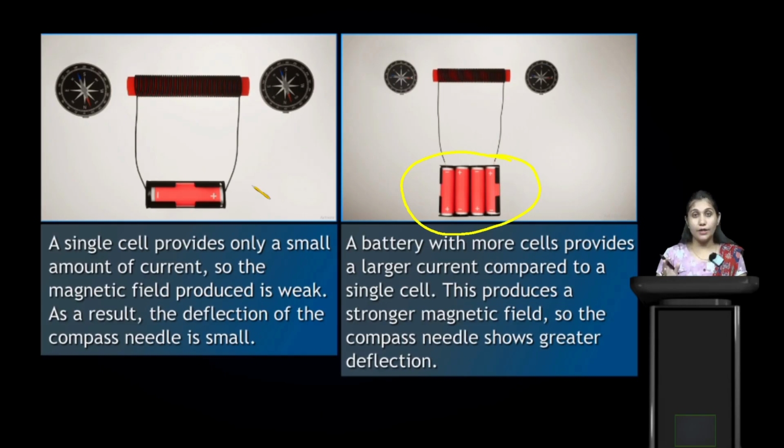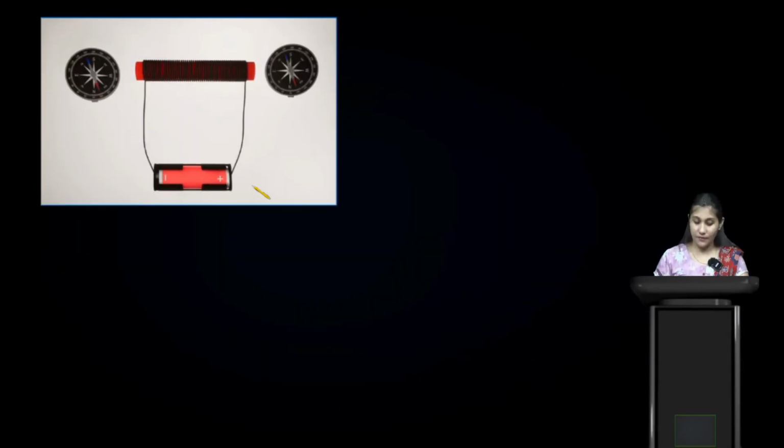And if we use a battery consisting of more cells, a large amount of electricity flows through the wire, because we are giving more electric cells. So the magnetic field which generates around the wire is stronger. If the magnetic field is stronger, the deflection is also greater. Okay, so these are the two concepts we have seen.